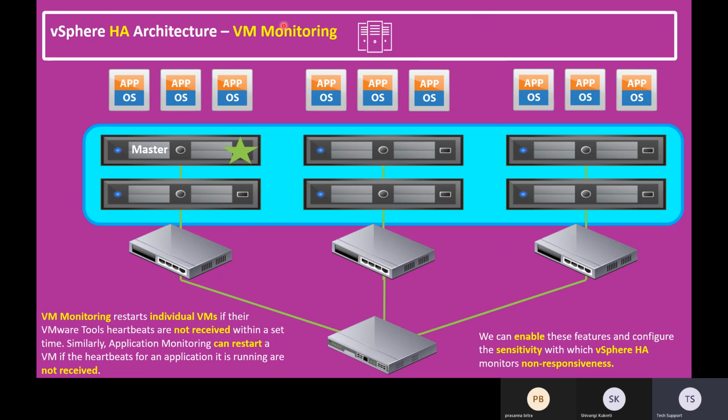So the purpose of VM monitoring is, in case any virtual machine loses connection due to an operating system layer issue or application layer issue, it will send an alert message and it will also help you to reset the VM automatically. So it will help you resolve the issue very quickly, or we call it proactive resolving.